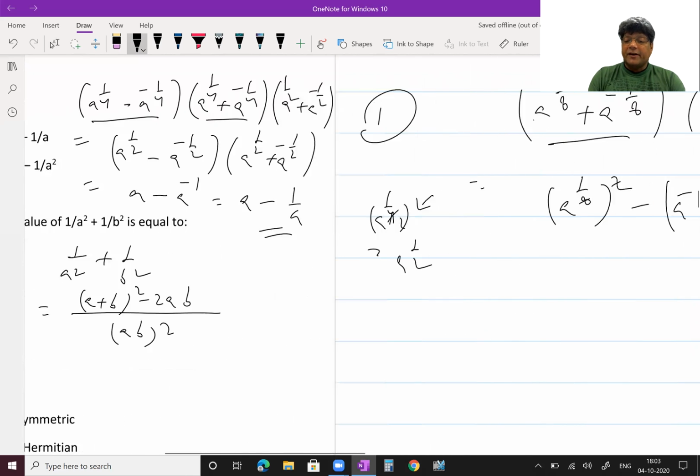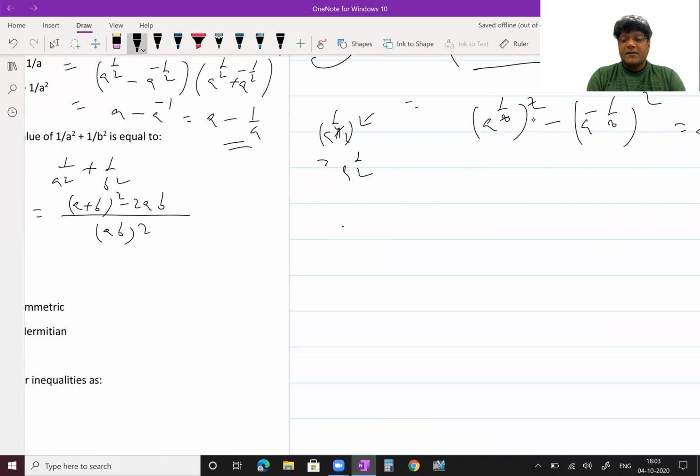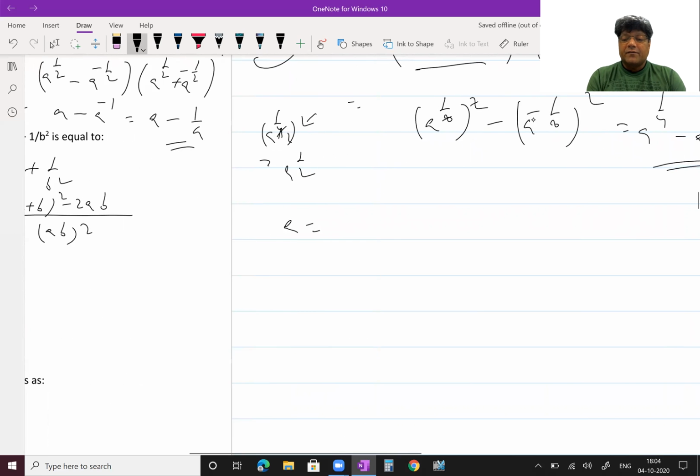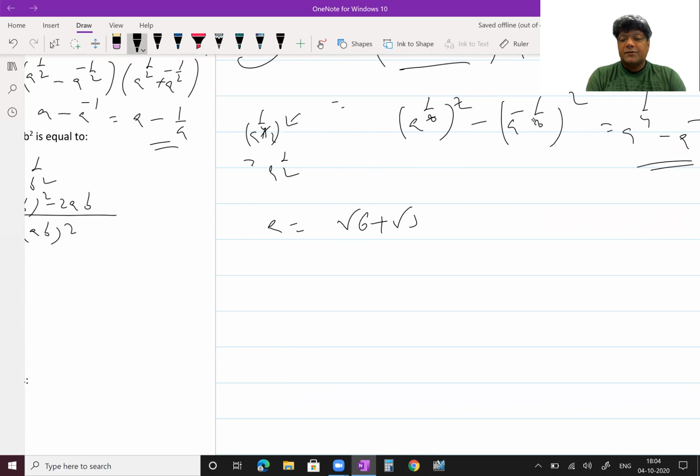Now see what is your a. Your a is here root 6 plus root 5 by root 6 minus root 5, plus b. A plus b. Your b is what? Reverse. Root 6 minus root 5 by root 6 plus root 5.